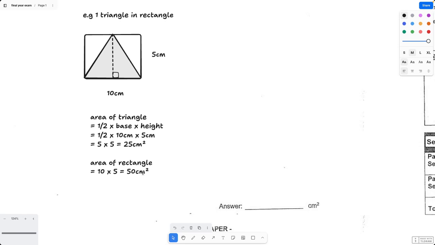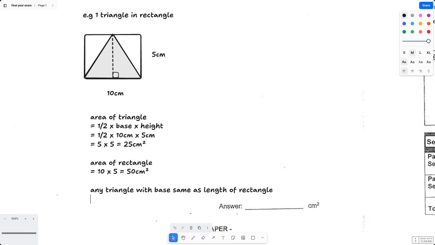So any triangle with base same as length of rectangle is always half.